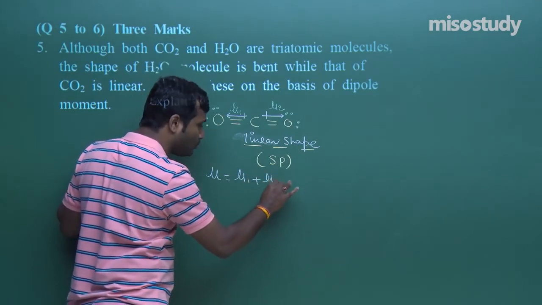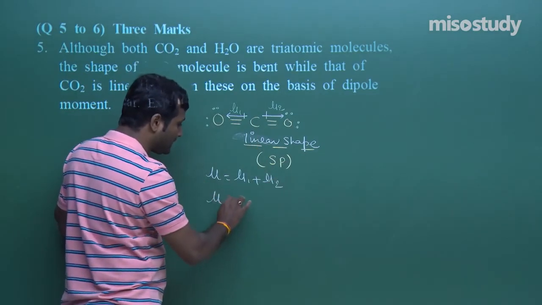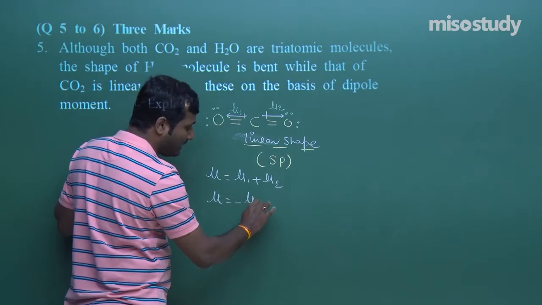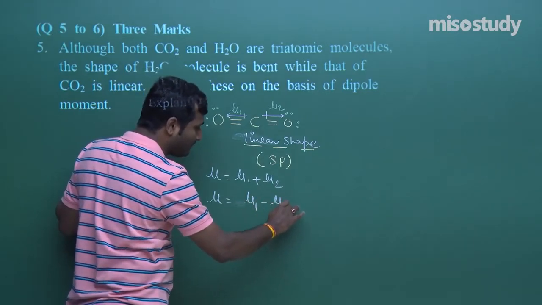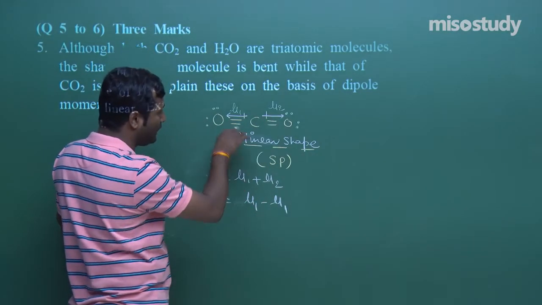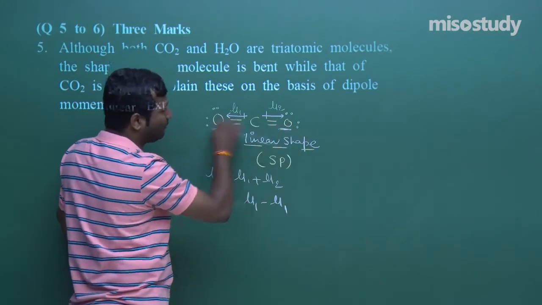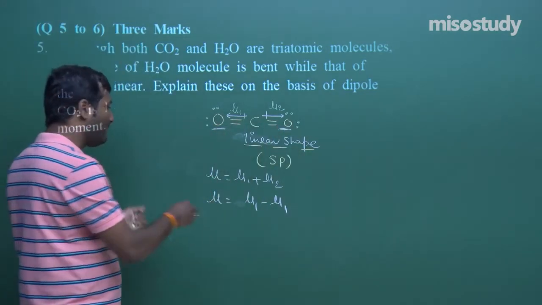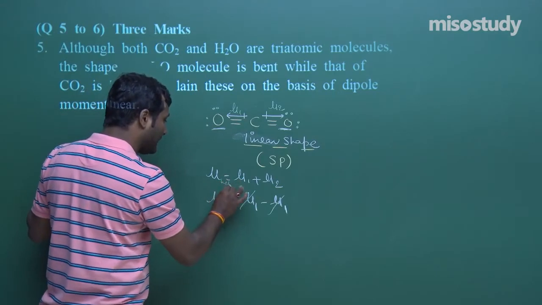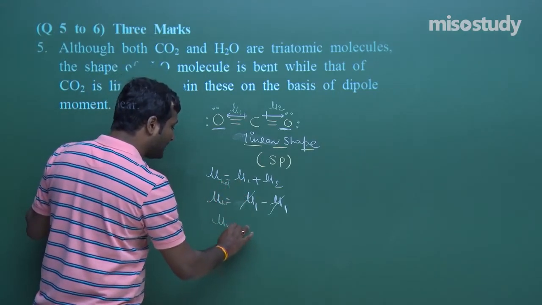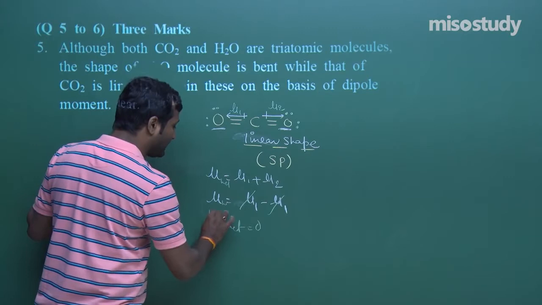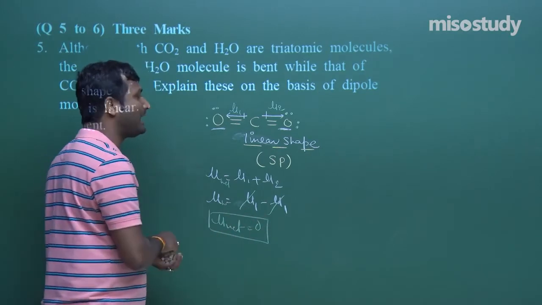mu1 plus mu2. They are opposite to each other, that is mu1 minus mu1, because they have equal magnitude, because the combining atom on both sides is the same, so they will cancel each other. So the net dipole moment is 0, that is no polarity.